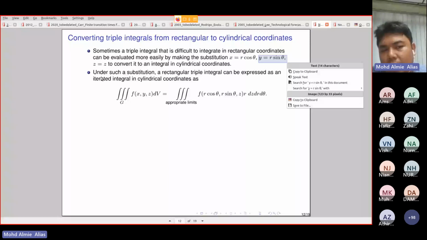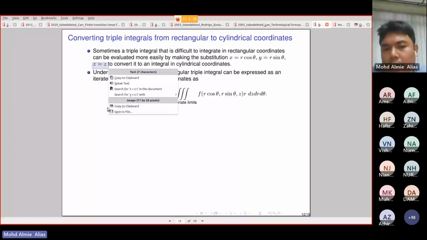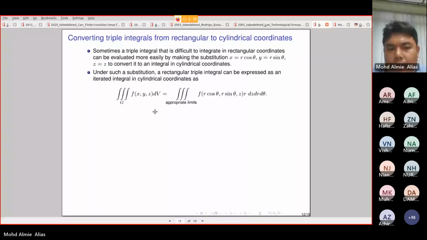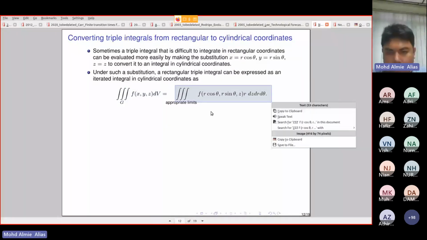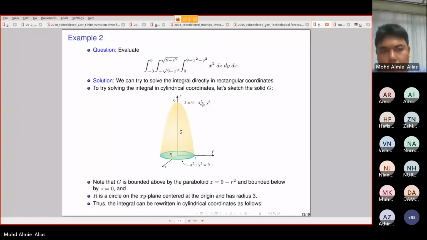You don't change anything related to z. So you substitute them. Here is a triple integral in Cartesian or rectangular coordinates. This is a triple integral in cylindrical coordinates.